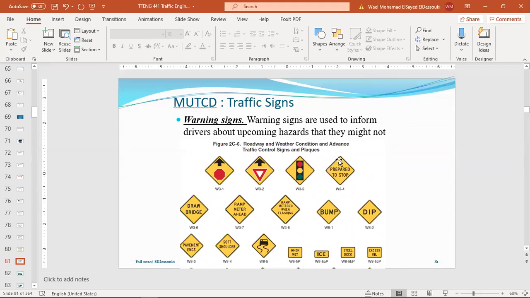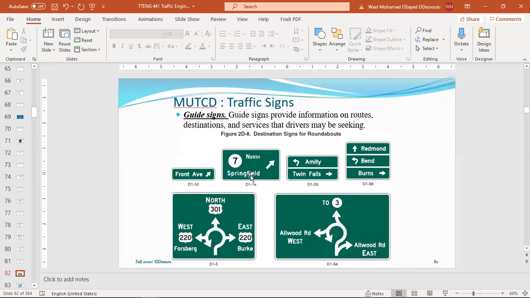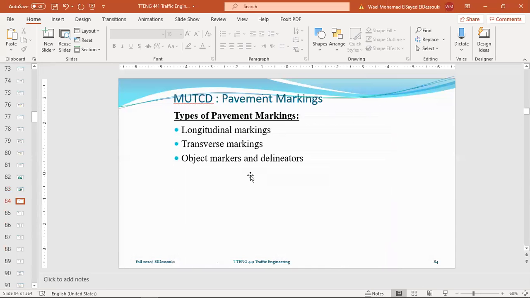For example, you have a traffic light ahead, or a yield sign ahead of you, and so on. These are guide signs. They just give you information. They help you in your navigation on the highway. Those were the three categories of signs.